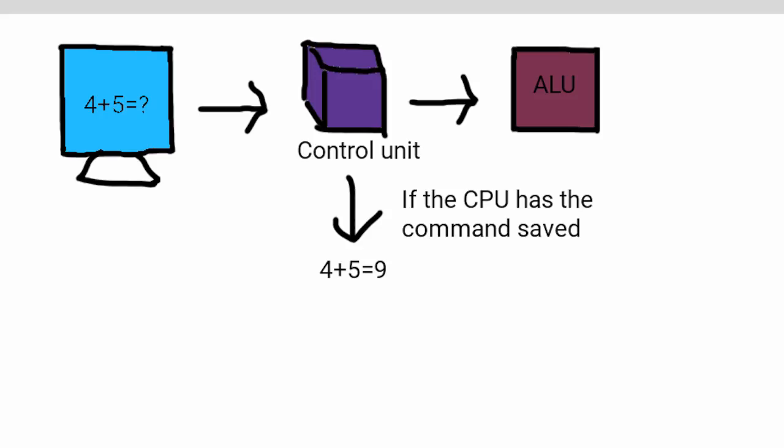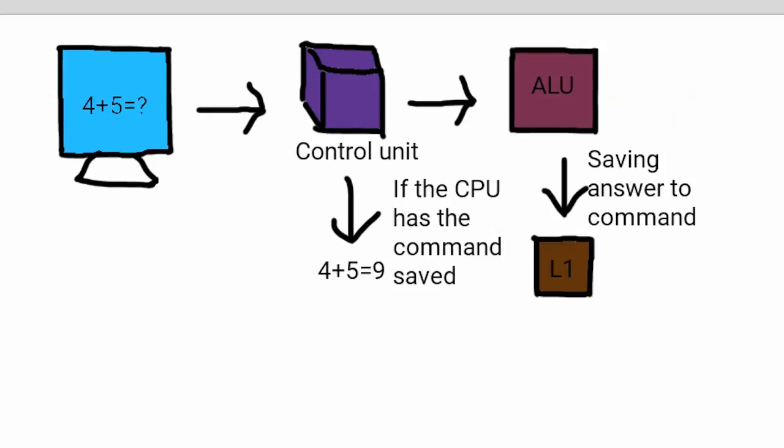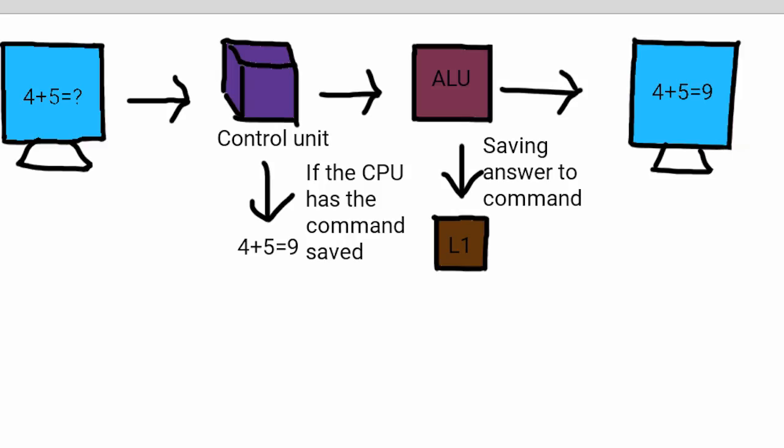If not, the command will continue to the ALU, which calculates the command and saves the answer into their cache. The next time you want to use the command, the computer can take it out of one of its caches or memory storage. It will then send the answer to other parts of the computer, such as the monitor, and make the monitor display the answer 9.